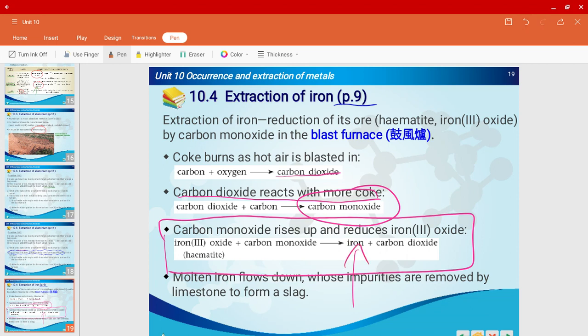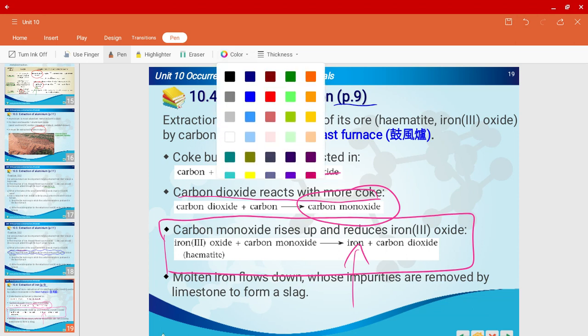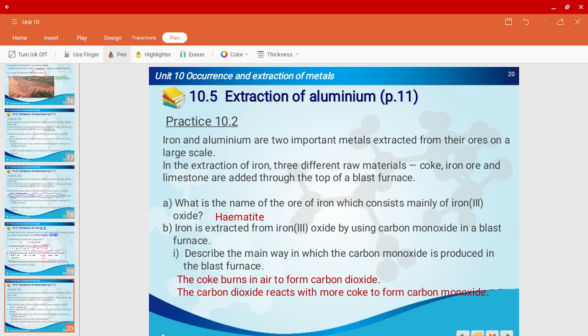Of course, there would be some impurities, and the molten iron would flow down with the impurities, and you can remove them by limestone, which forms what we call slag. It's a pretty cool name, right? Slag. It's not swag, slag. Okay, let's move on.